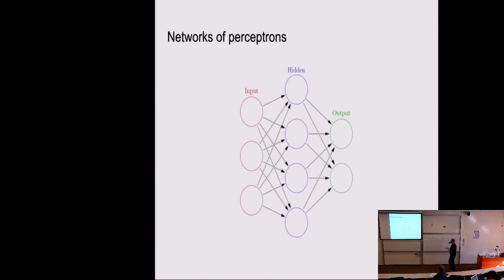Well, basically, let's say I have 3 inputs. These are my x's. And I have 2 classes instead of the 10 over there, right? So what I do is I basically add a bunch of hidden units in the middle, and I create a network. The hidden units basically take input from all the inputs and send their output to all the outputs. This is not the only possible architecture.